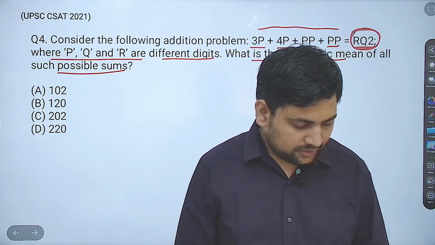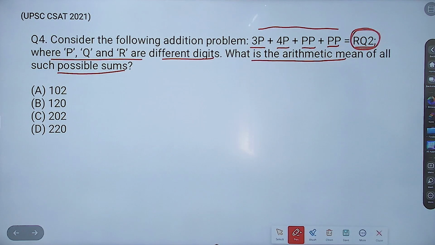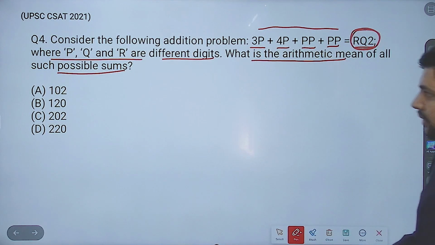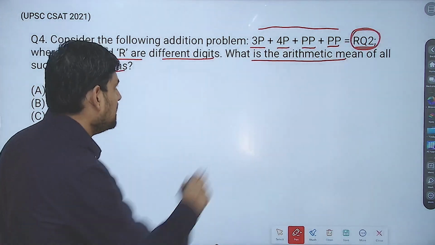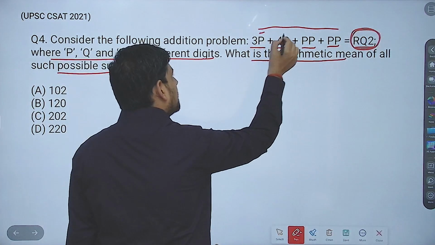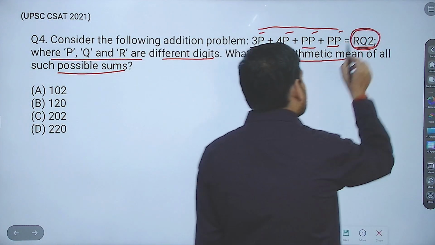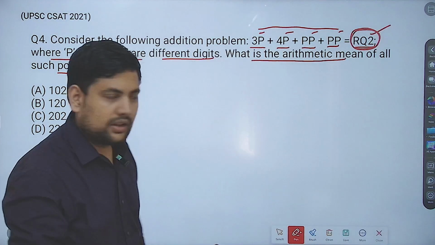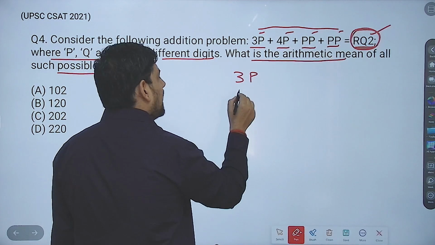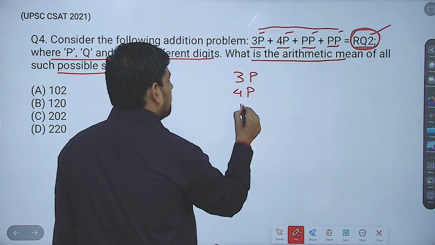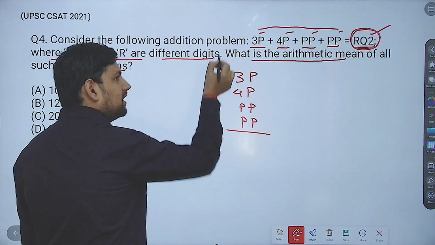Now, how do you do this? You can pause and try. See, one peculiar thing you must observe here is that the last digit is p, p, p, p, and the last digit you are getting in the sum is 2. Like we used to add when we were small in school, with some carry.